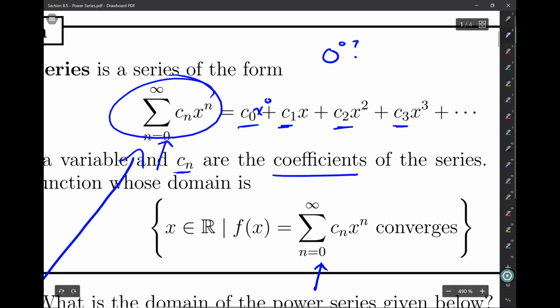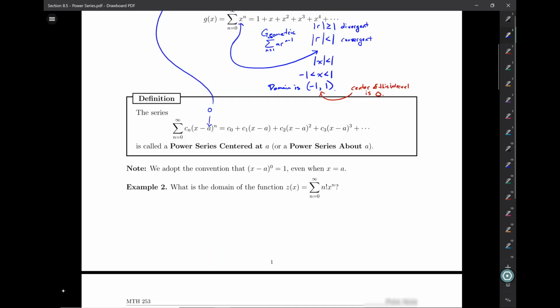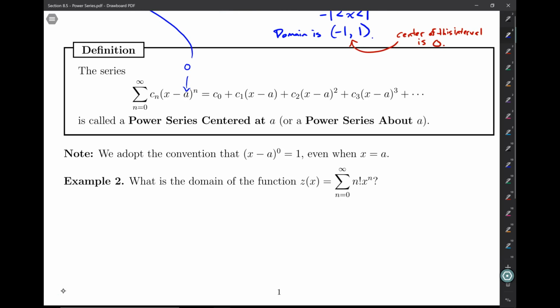This actually is a slightly complicated expression that we don't ever really deal with, and it's kind of swept under the rug, and that's unfortunately something that we're going to continue to do here as well. We're going to adopt this convention that 0 to the power of 0 is 1. And we're going to continue this down here and say, if you have x minus a to the power of 0, that's going to be equal to 1, even if x is equal to a, in which case we would end up with that nasty form of a 0 to the power of 0. For our purposes, we are going to consider this the value of 1.